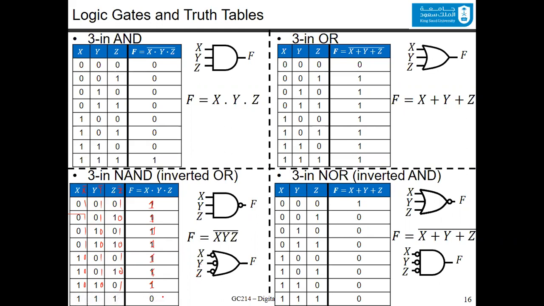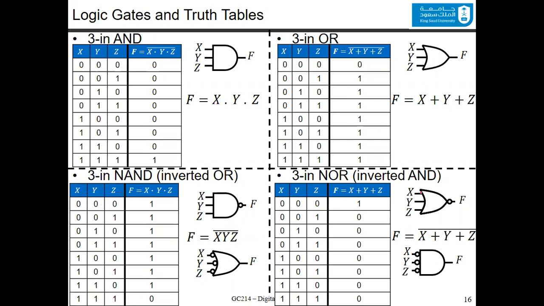The result will be 0. So it generated the same output as a 3-input NAND, which means you can understand it quickly this way. If you have NAND of 3 variables, it's the same as ORing their inverted version.